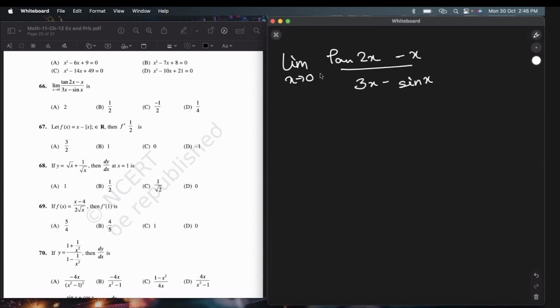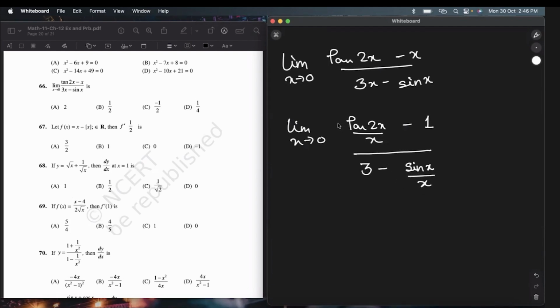Now, if I just divide the whole thing by x, what am I being left with? So it will be tan 2x divided by x minus x divided by x, over 3x divided by x minus sin x divided by x.